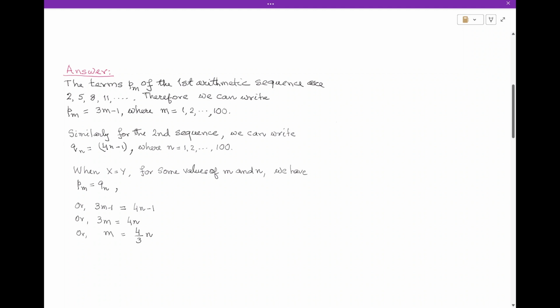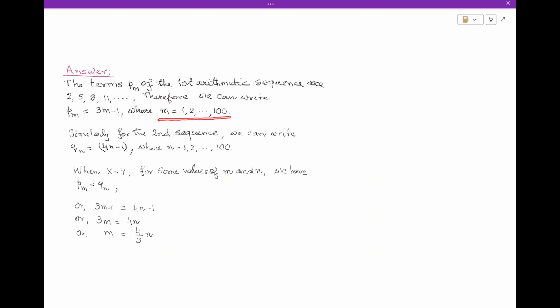The terms Pm of the first arithmetic sequence are 2, 5, 8, 11, .... Therefore, we can write Pm is equal to 3m minus 1, where m is equal to 1, 2, 3 up to 100.